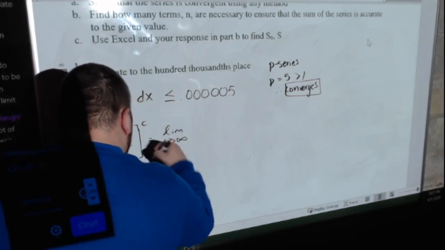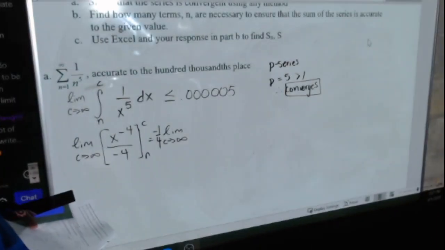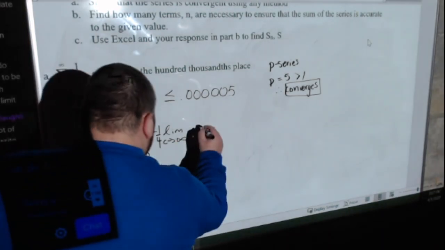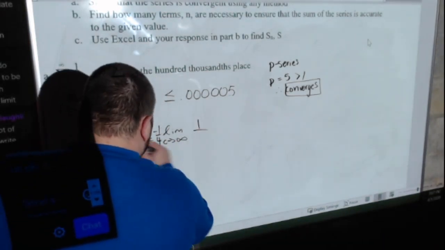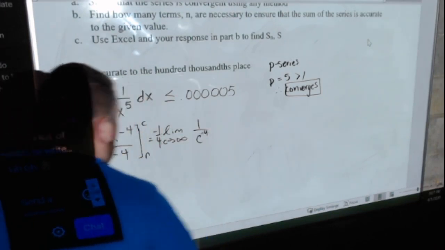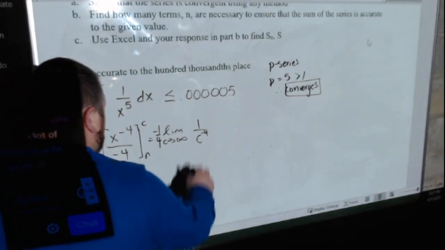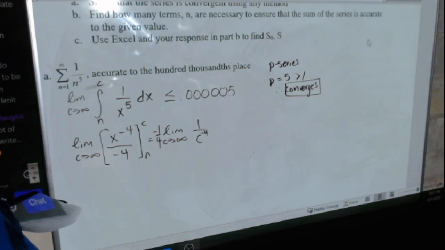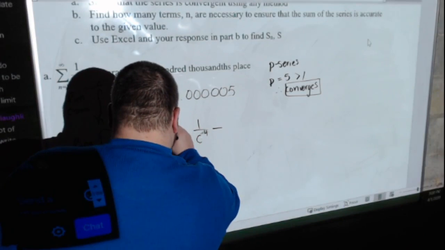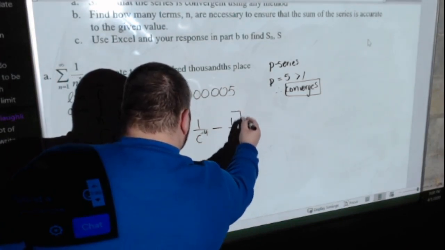We can pull the minus 1/4 out in front, and rewrite it as 1 over x to the minus 4, so that's 1 over c to the 4th minus 1 over n to the 4th.